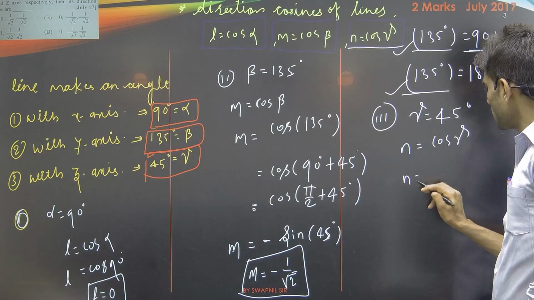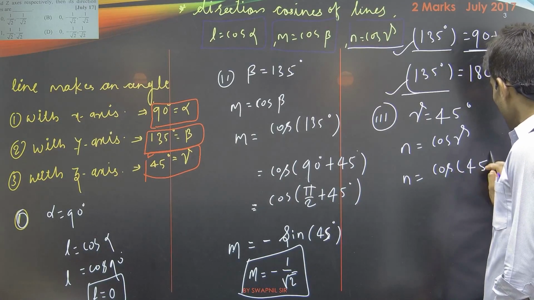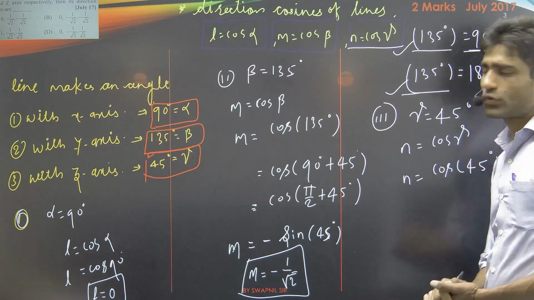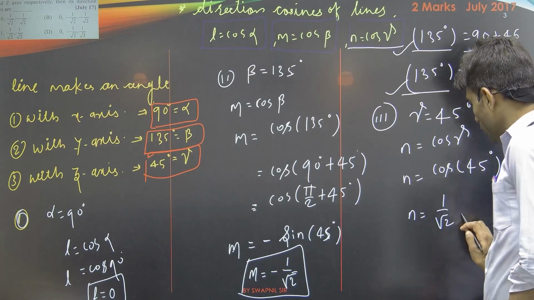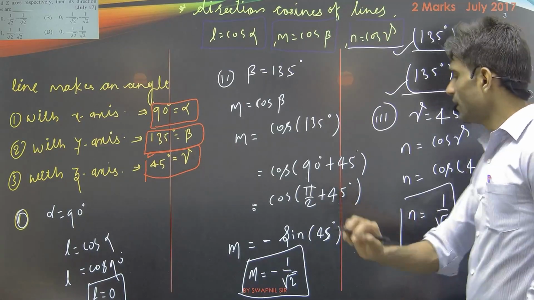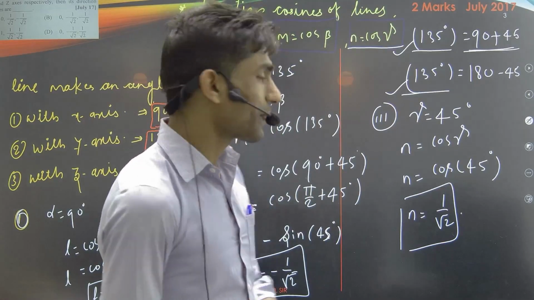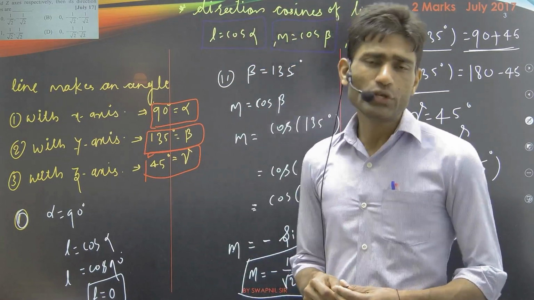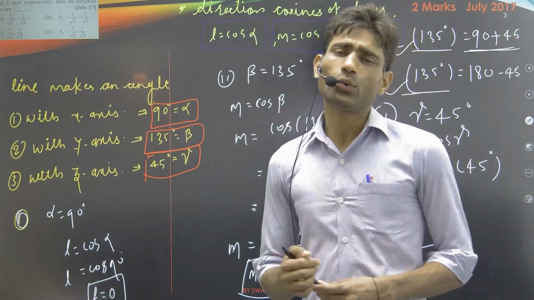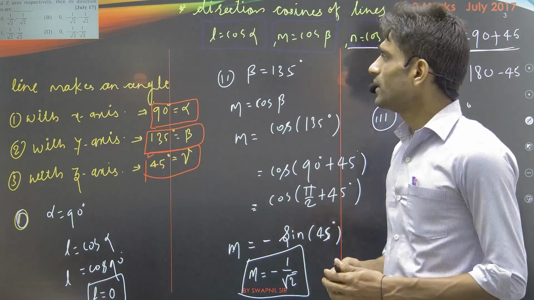So n is equal to cos of 45 degree, which is 1 by root 2. This is our required value for n. That means our required direction cosines are 0, negative of 1 by root 2, and positive of 1 by root 2. That is our required answer here.